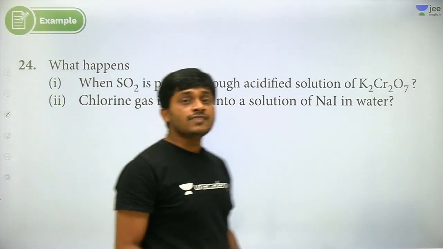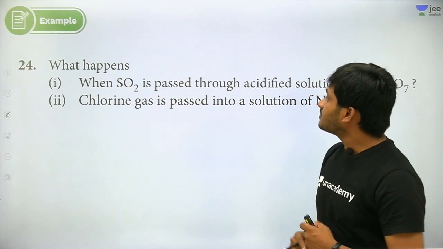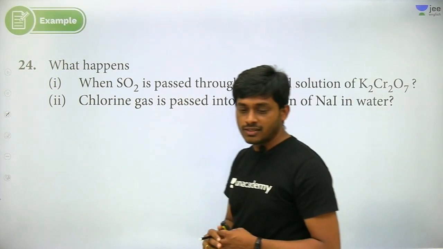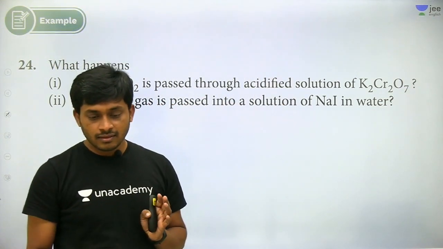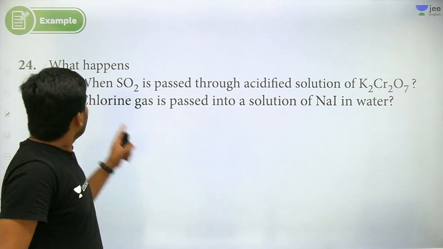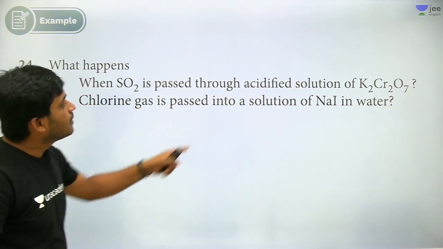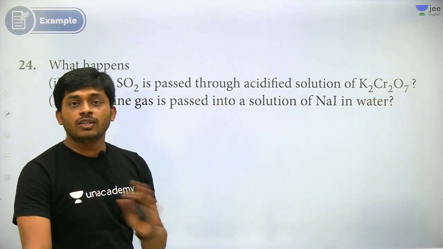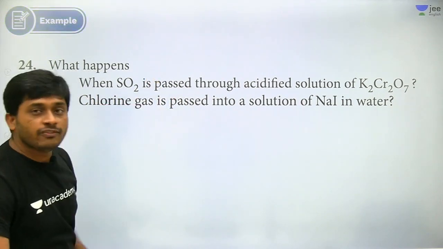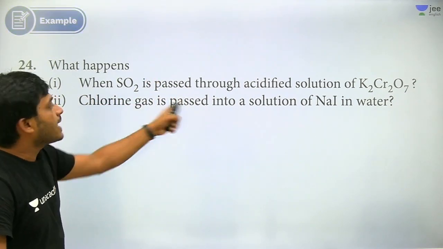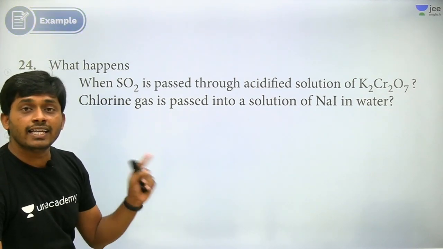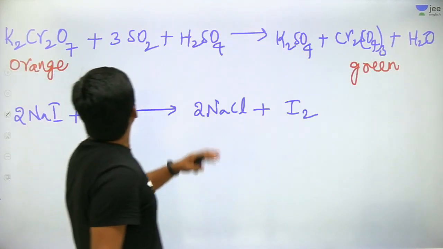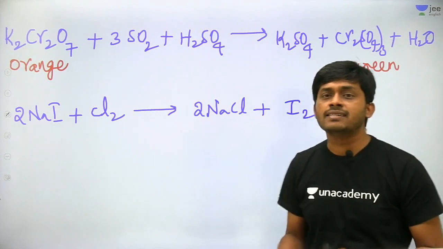See this question, this is from p block elements. SO2 gas passed through dichromate solution. What is the equation for this? Chlorine gas passed into NaI. You will get the PDF, don't worry about it. If you write the first equation, 1 mark, and the second equation, 1 mark, so 1 plus 1, 2 marks question. Write the balanced equation.